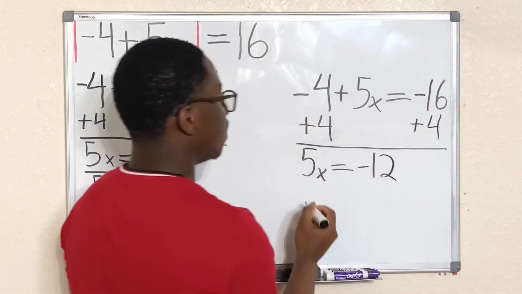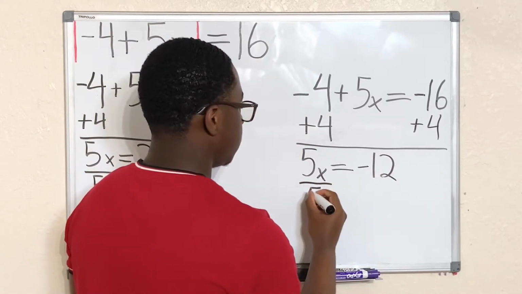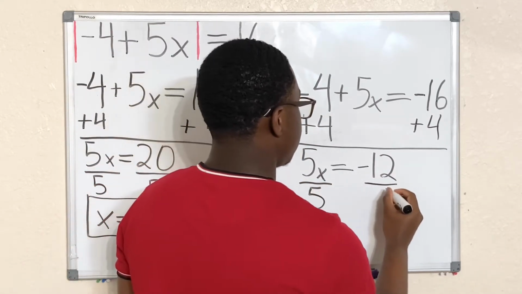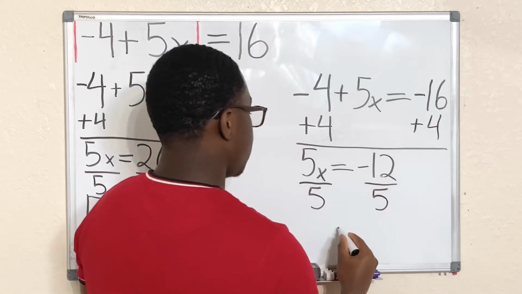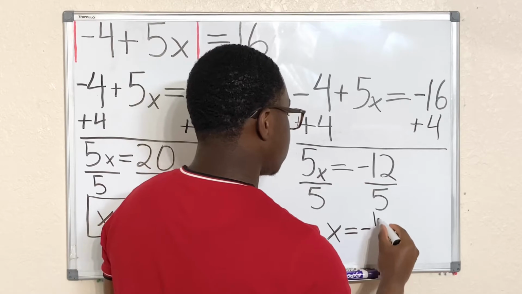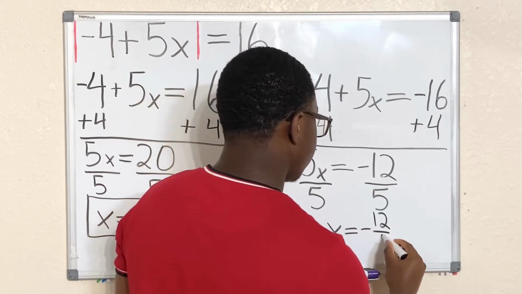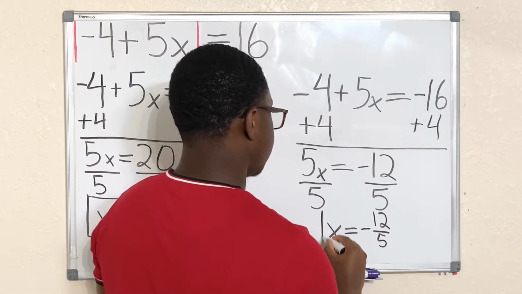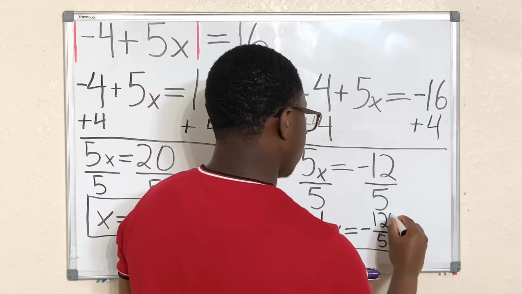All that's left is to divide by 5 on both sides. Divide by 5, divide by 5, and x is equal to -12 over 5. So that is our answer. This side, we're going to go ahead and box it in.